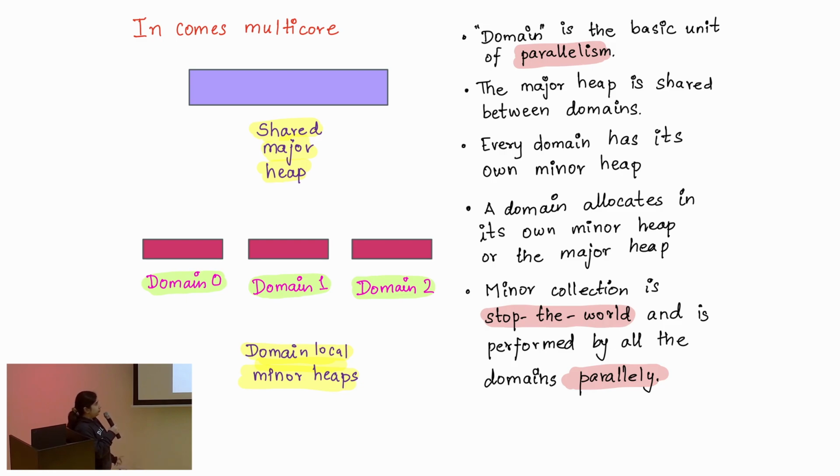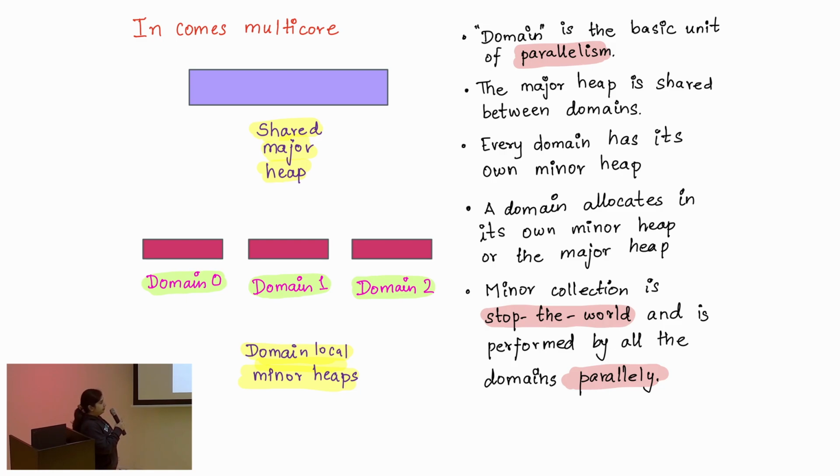So what do I mean by domain? For those of you who may not be familiar with parallelism in OCaml, domain is the basic unit of parallelism. It was dubbed domain because we already have something called threads, which are system threads. System threads, to clarify, run concurrently; they don't run in parallel.